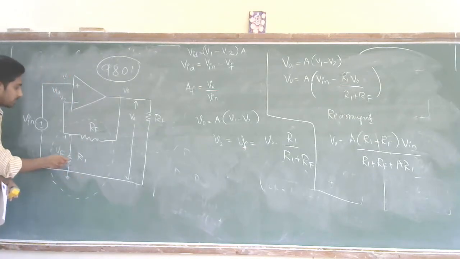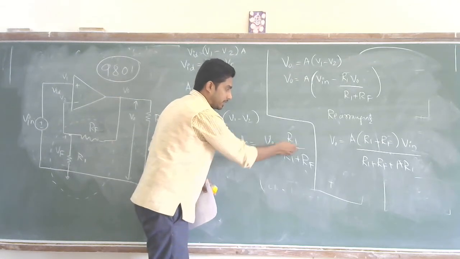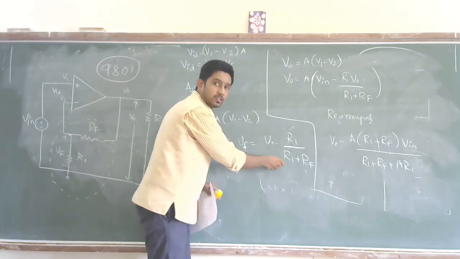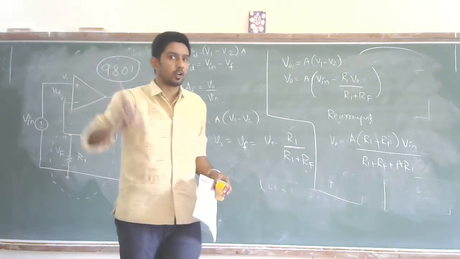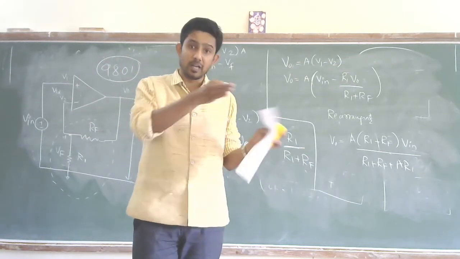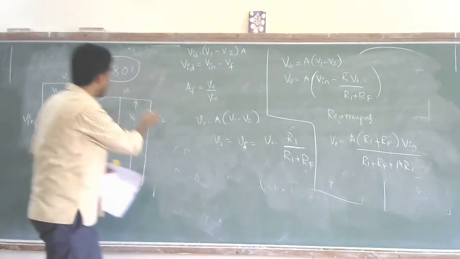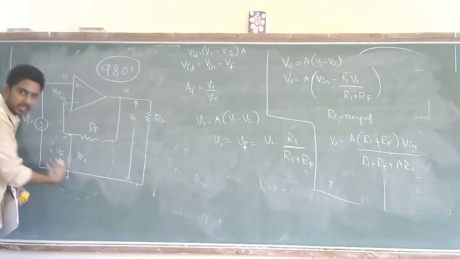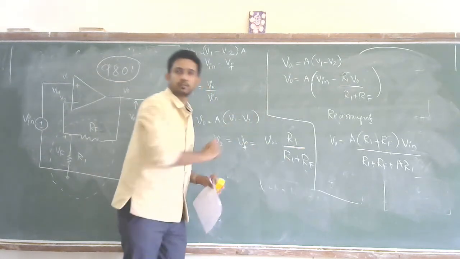So in the numerator it will be R1, and in the denominator the combination R1 plus RF, multiplied by V0. Earlier you multiplied by Vin because the input voltage was the main voltage. Now we use V0, because only because of this V0 is feedback generated. So my VF will look like this.